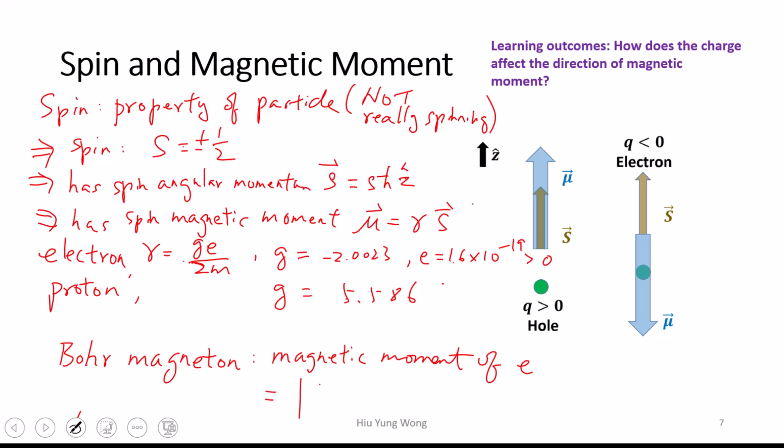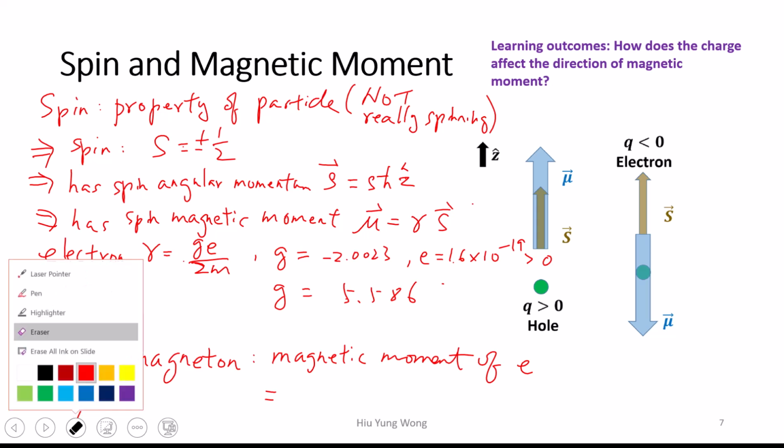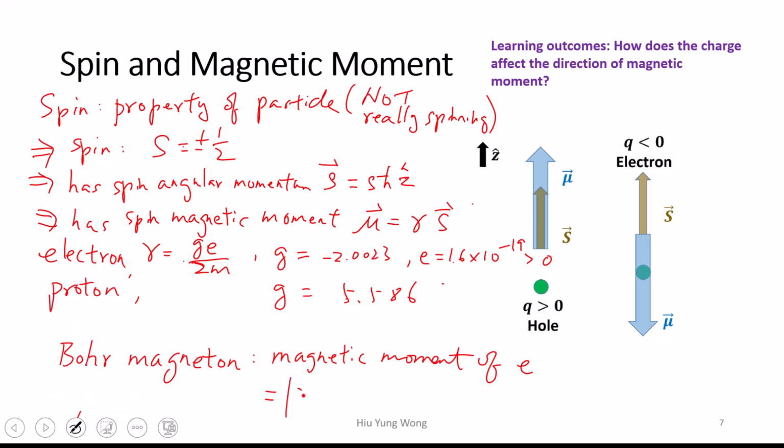It's equal to the magnitude of gamma S, right? And gamma is just GE over 2M. And what is S? S is H bar times s, right? But s is 1/2, correct?